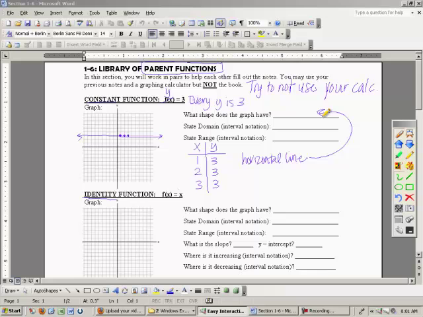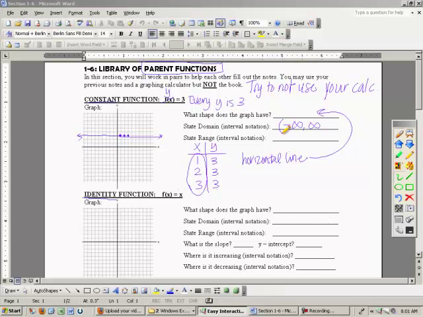As we look at this horizontal line, we want to talk about domain and range. Well, basically, if every y is 3, I can input any number I want. So if I can input any number I want, then I'm going to go from negative infinity to infinity, any number.